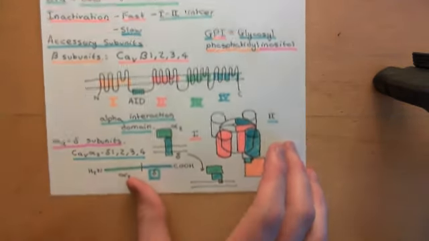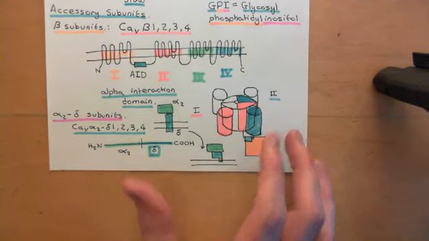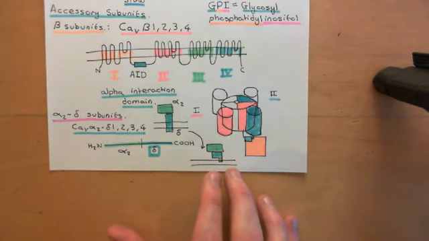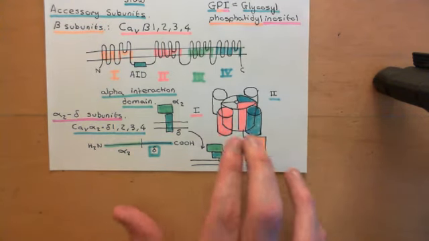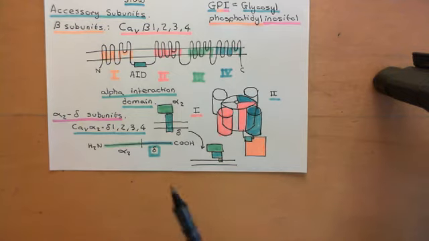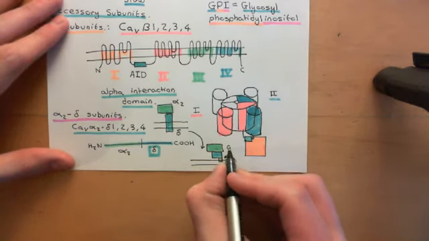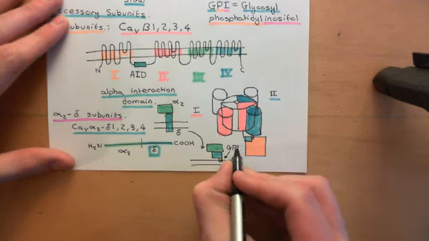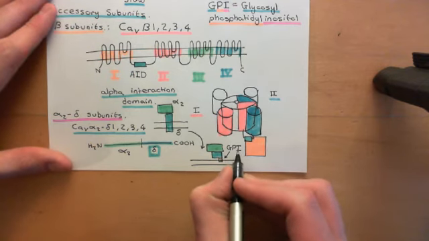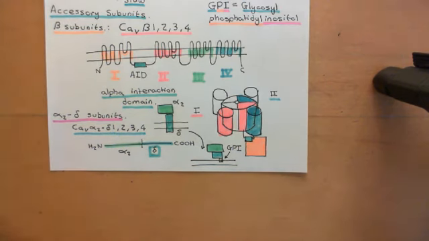Right, so the delta portion of the alpha-2 delta subunit is believed to have, instead of a transmembrane domain, a GPI molecule attached to it. And basically a GPI molecule is just a very fancy phospholipid that can be part of a phospholipid bilayer.